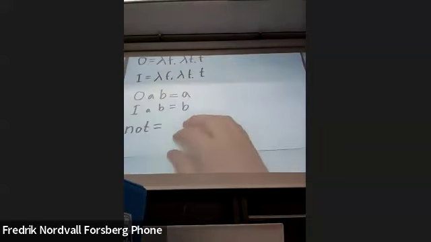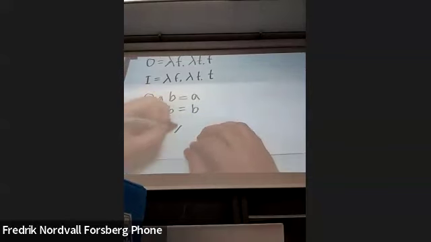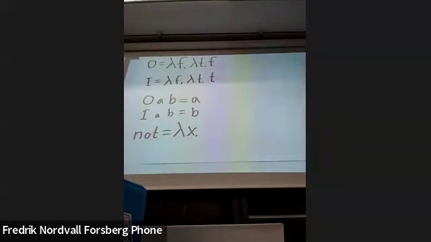So not is going to take an input. So there's some lambda x, and we're hoping that x is going to be either O or I. And if it isn't, we play our usual game of garbage in, garbage out.